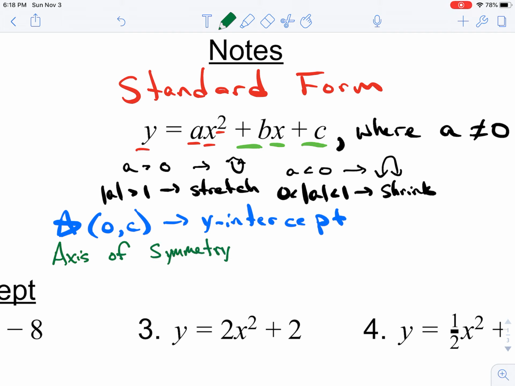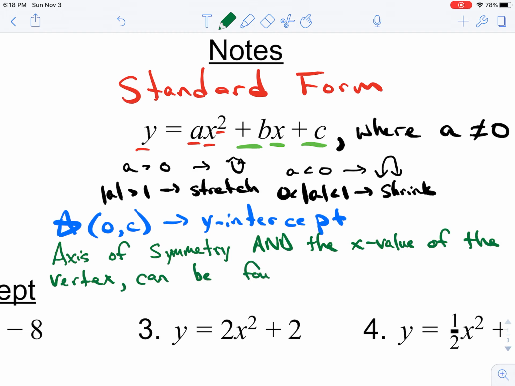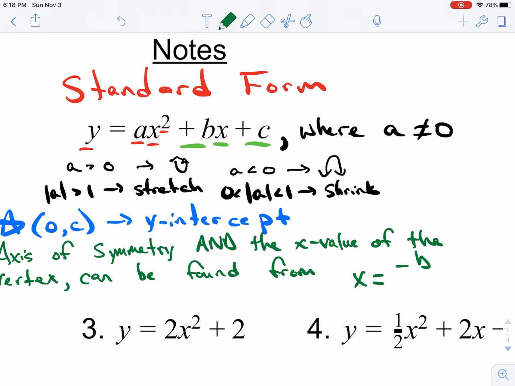Now, what's true about the axis of symmetry? It splits the graph in half and it goes through the vertex. So the axis of symmetry and the x value of the vertex can be found from x equals -b over 2a.